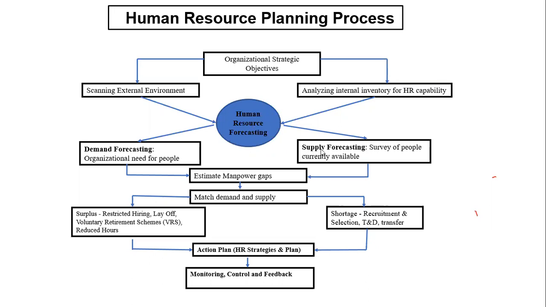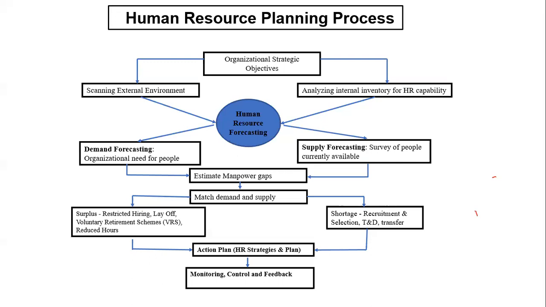When we talk about supply forecasting, the HR planner is basically projecting to ascertain how many employees will be available in the organization in the near future. So all the futuristic projections which help to ascertain the availability of human resources in an organization denote supply forecasting.